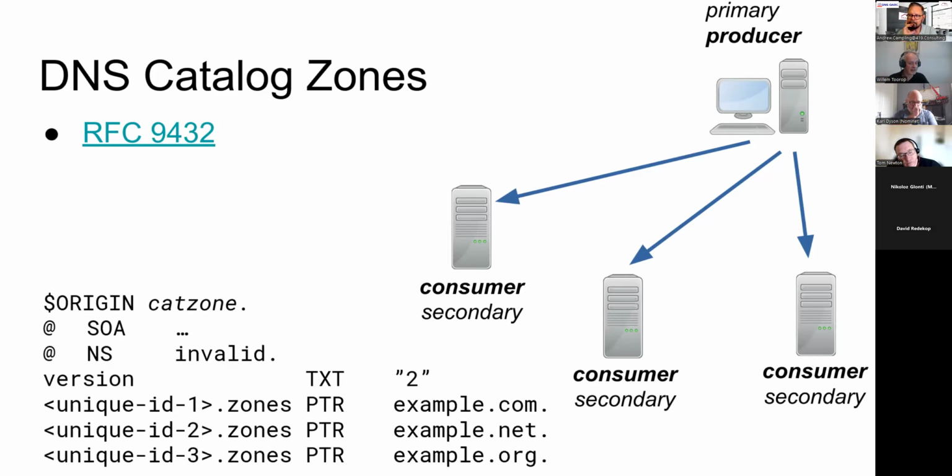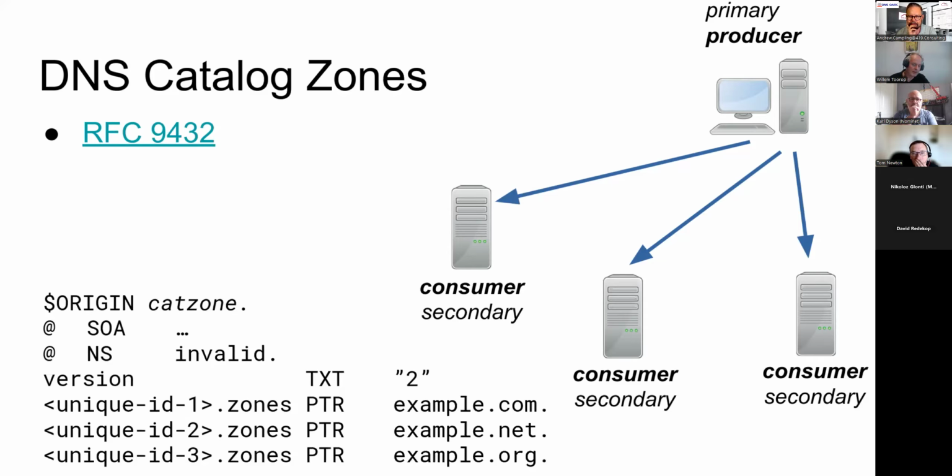The DNS zone that is the list of zones is called a catalog zone, and the zones that are within the list are called member zones. The provisioner of the catalog zone is called the catalog producer, and the processors of the catalog zones are called the catalog consumers.